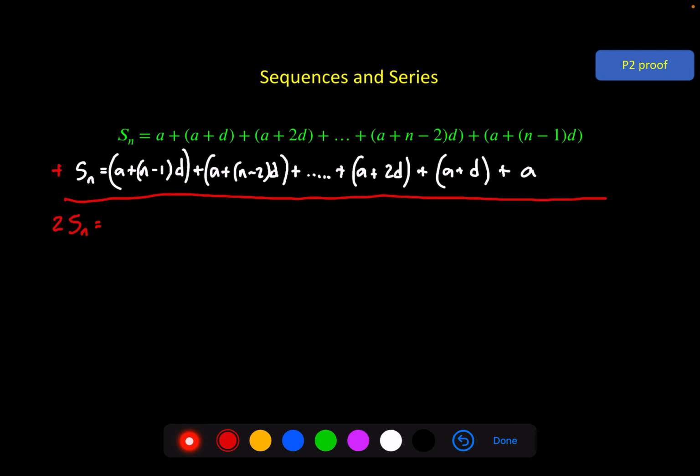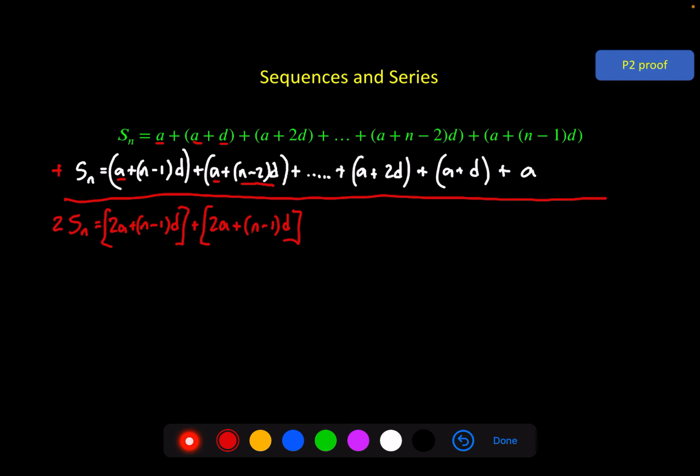And that will give me a plus a is 2a. And then I've still got n minus 1 d. And then the next one, a plus a is 2a again. And then n minus 2 d plus d is n minus 1 d. And you can see that's the same thing.